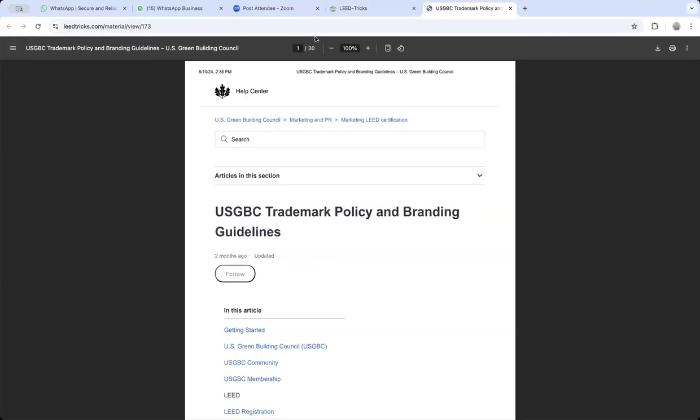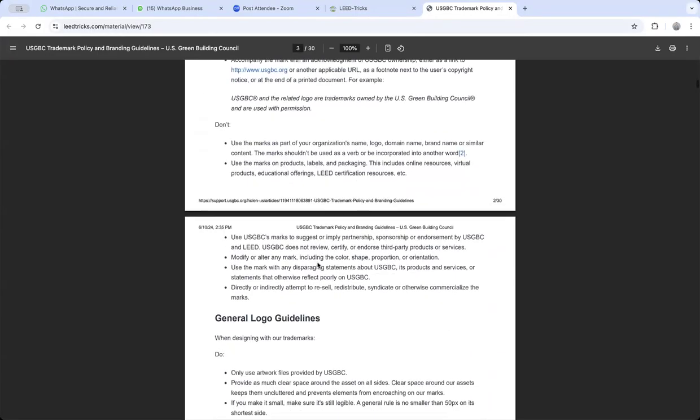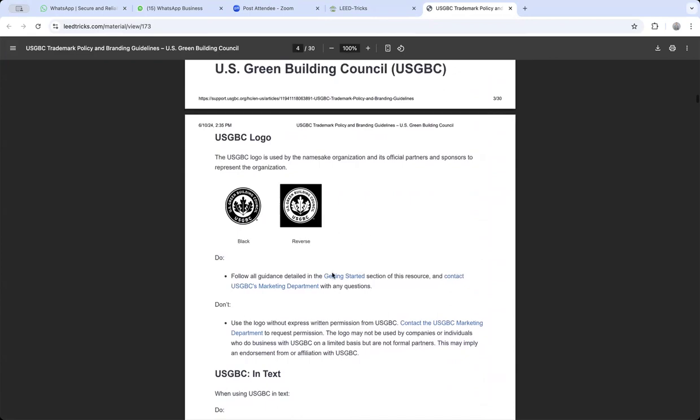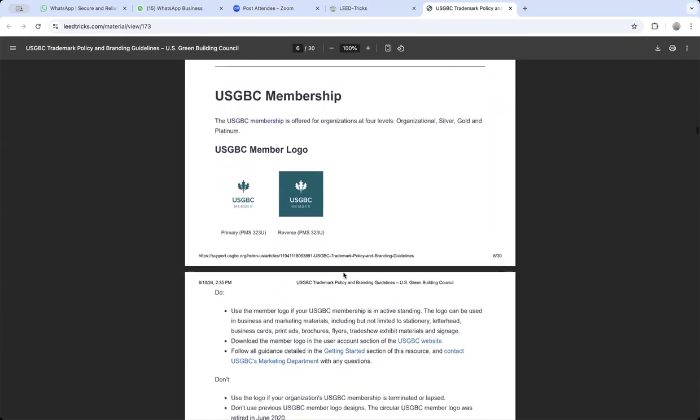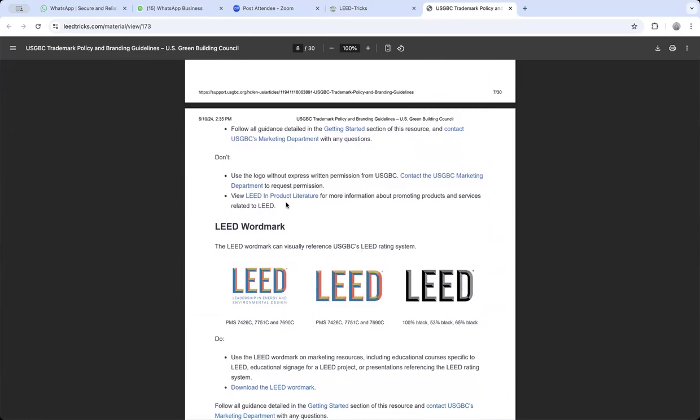After you download, you will see what the trademark and policy is, general guidelines about the logos, how to write it, and so on. Very easy, huh? So we give you anything you need about the LEED and the exam. You can download it, no problem, from the website, if you have the course. All right.